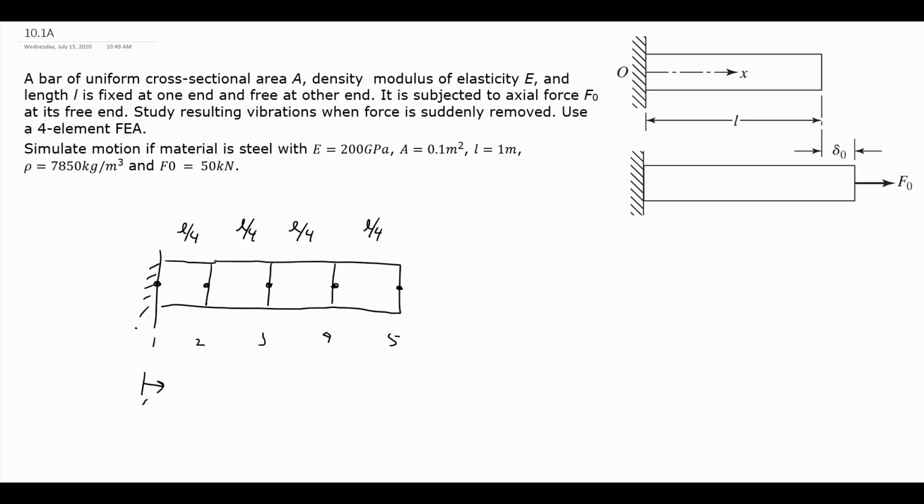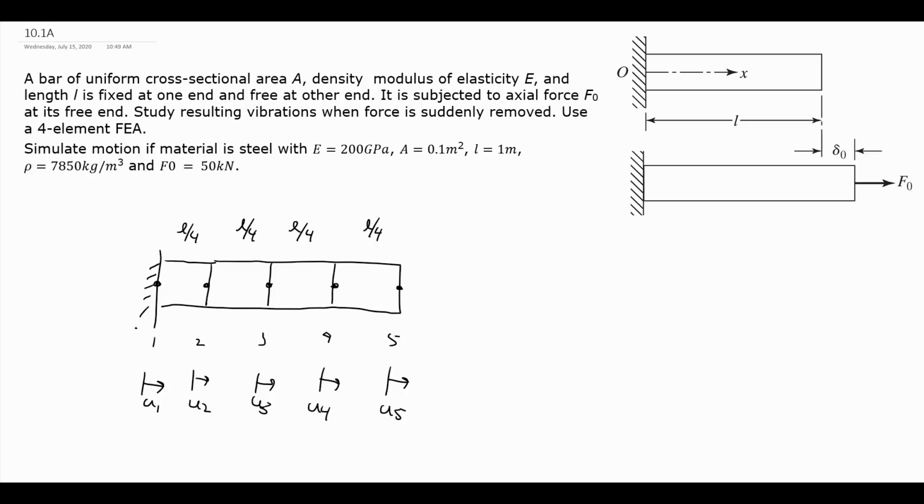And what I'm tracking will be U1, U2, U3, U4, and U5. So ultimately these are what we're going to be solving for, is U of t for only these 5 points. So at the wall, a quarter of the way through, half, 3/4, and all the way at L, we'll be tracking those displacements.